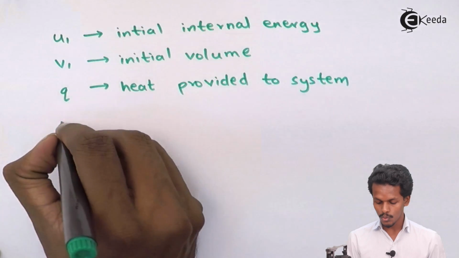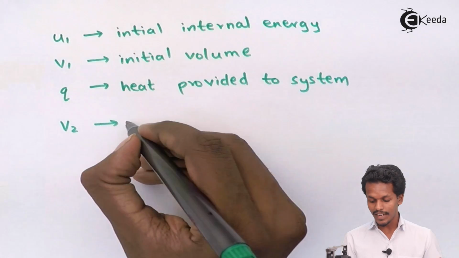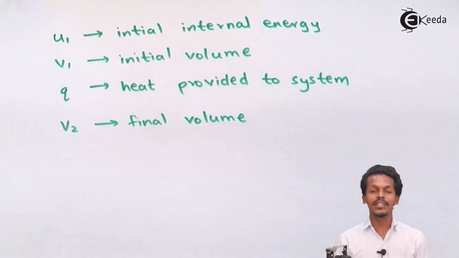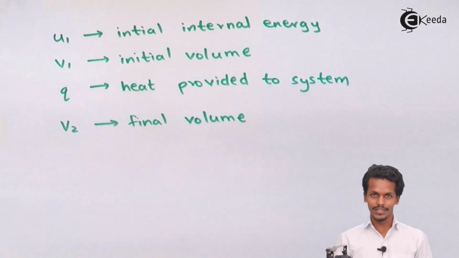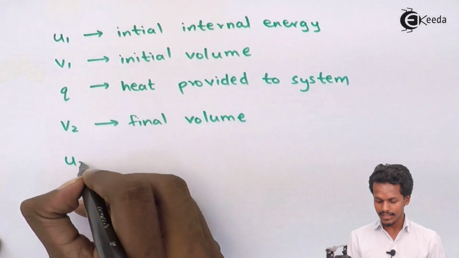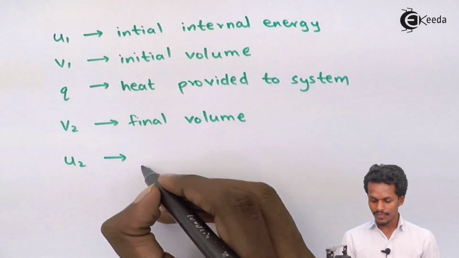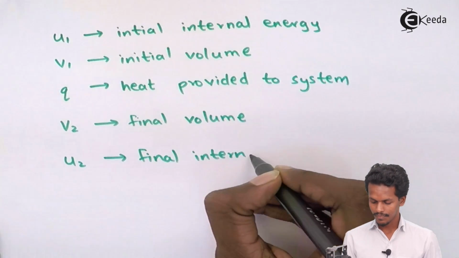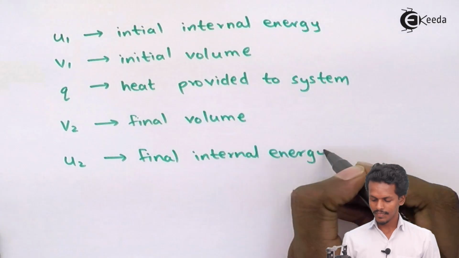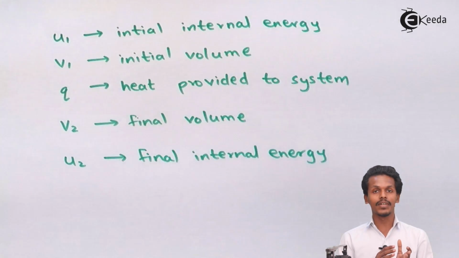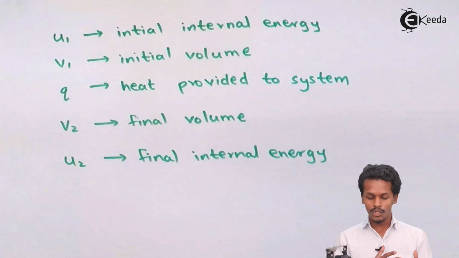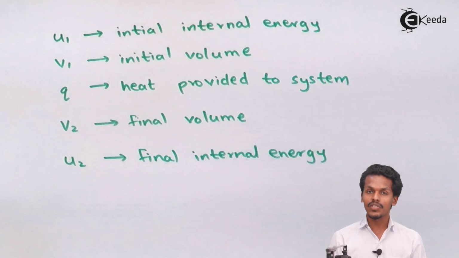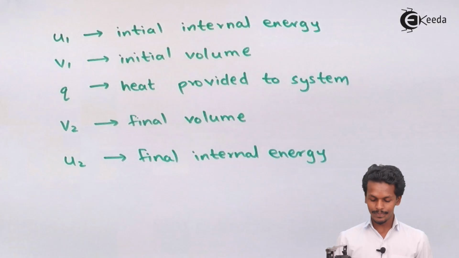The volume will change to V2, that is the final volume that we will observe. And if this changes, then we know that internal energy will also change. So in this process, U2 is nothing but the final internal energy. So this is how we have segregated these terms: U1, V1, Q, V2 and U2. Now we could easily apply the first law of thermodynamics, and let us see what it would be.